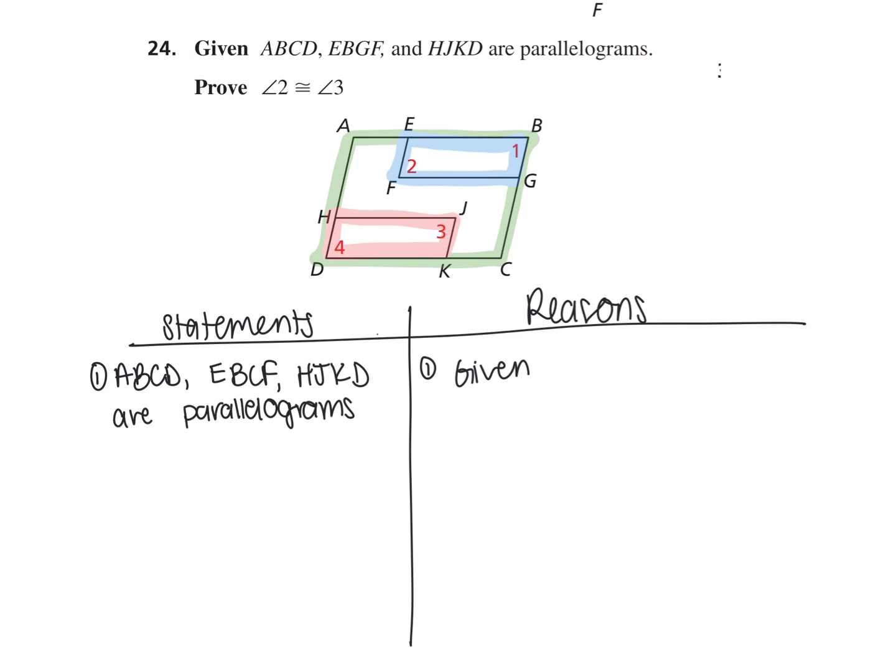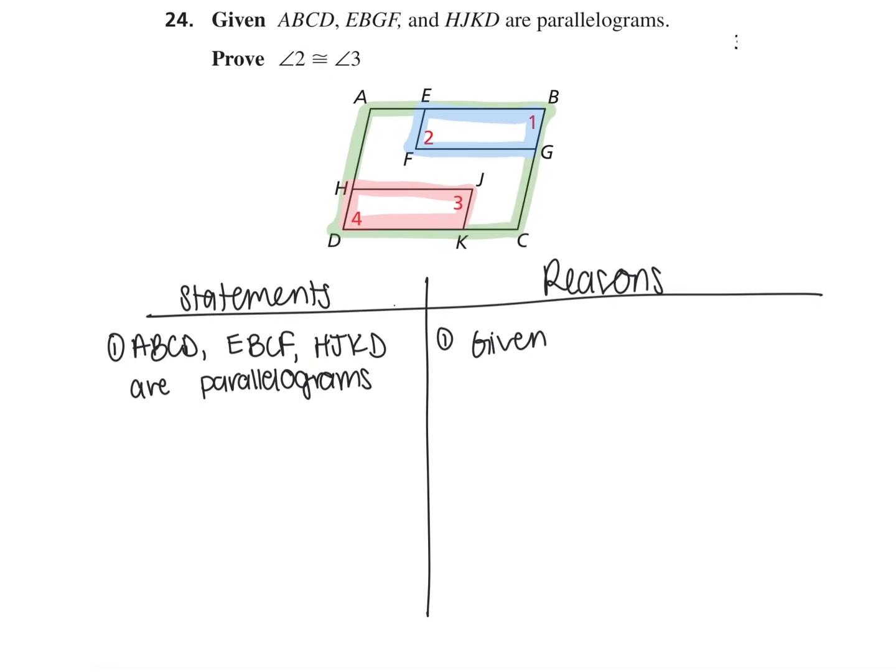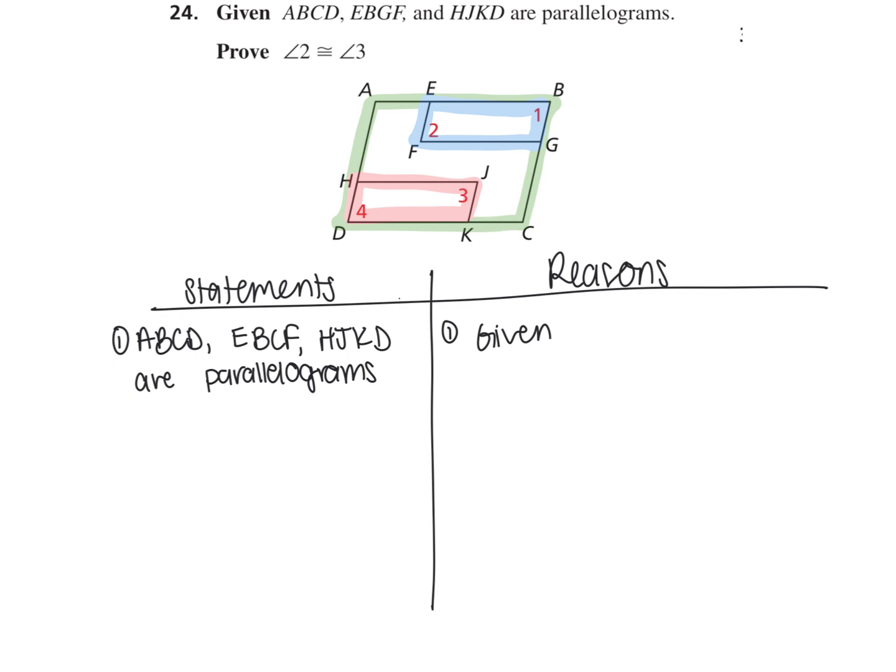Opposite angle. Good. Opposite angle, okay? I am going to use, for my second one, I'm going to do it in purple. I am now using parallelogram opposite angles theorem.